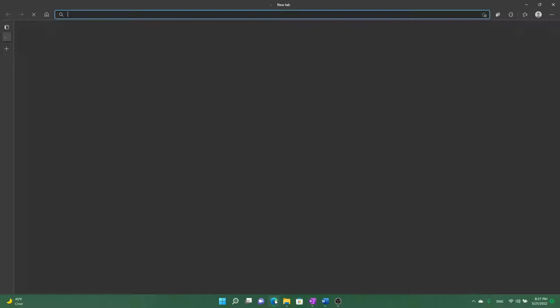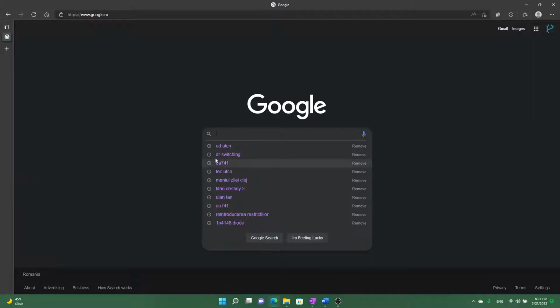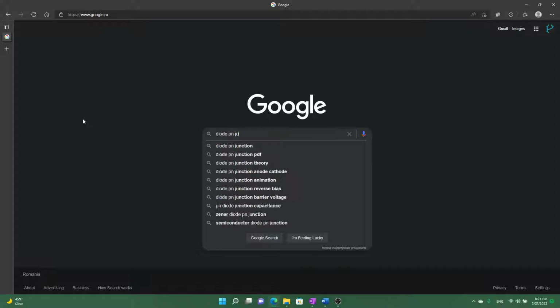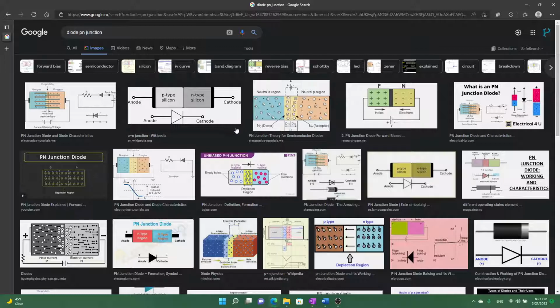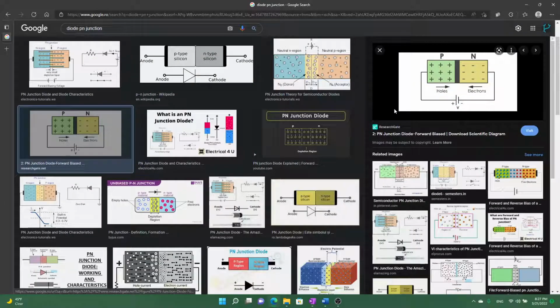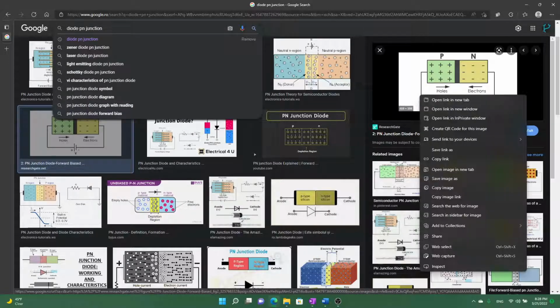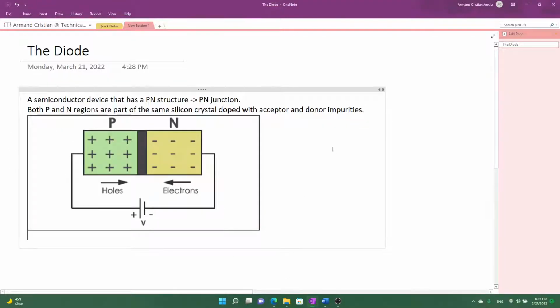Let's go ahead and take a look at just how such a PN junction looks. If we quickly search on the internet, you'll see this schematic, which is best for our purposes. I'm just going to copy this image and post it here.